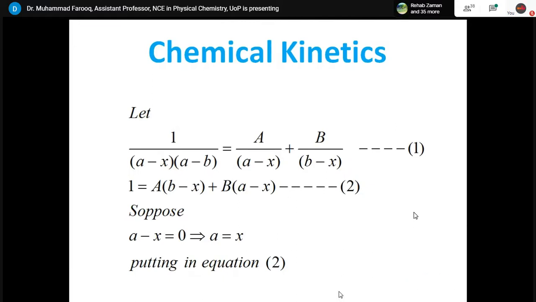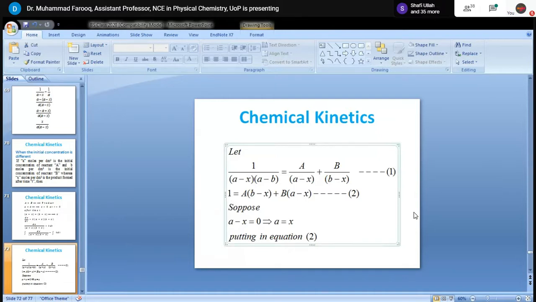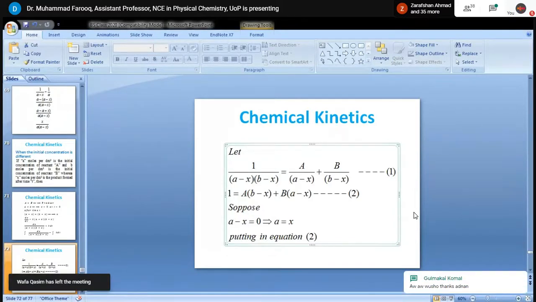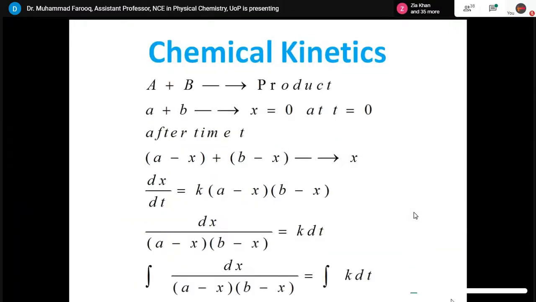Now consider the part dx divided by (A minus X) into (B minus X).